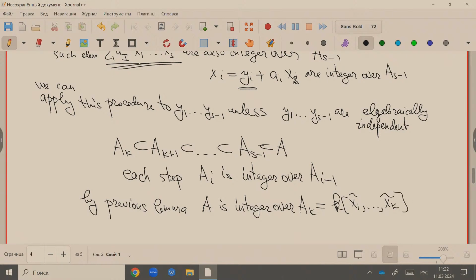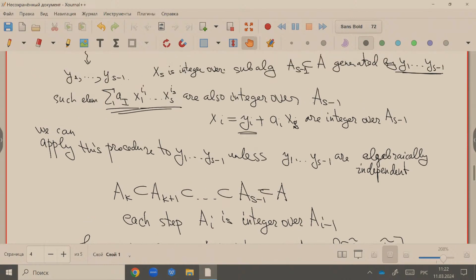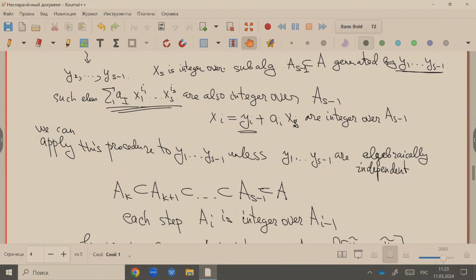Okay. То есть конец доказательства такой: мы делаем вот такую замену переменных и видим, что, во-первых, xs цел над y, что он цел над предыдущими элементами, и значит, все иксы целы над y1, ..., ys.